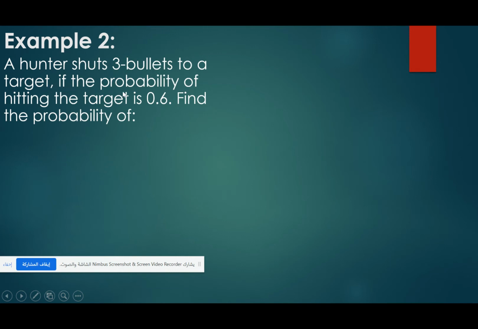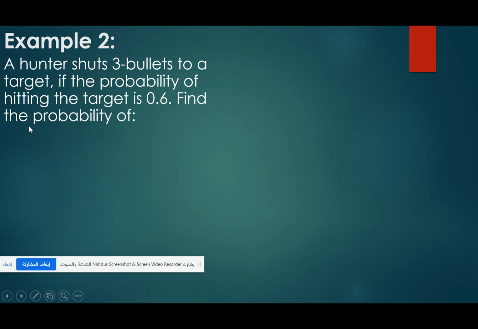Now, the probability of hitting the target is 0.6, which we call P, the probability of success. And we should mention how much Q is, which is the complement of success, the probability of fail, by using the rule 1 minus P, which is 1 minus 0.6. That will give Q equals 0.4.